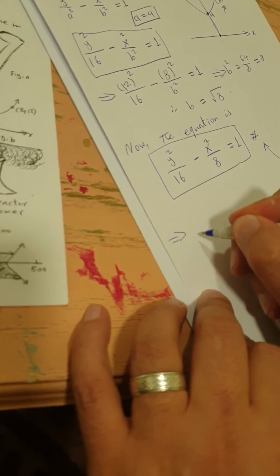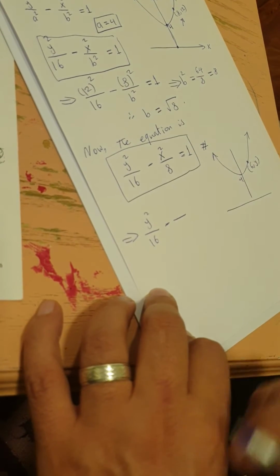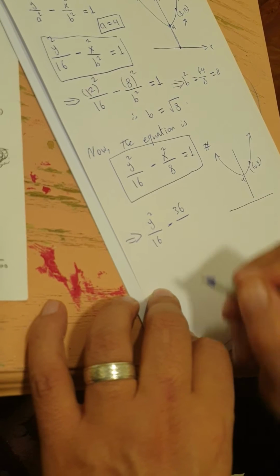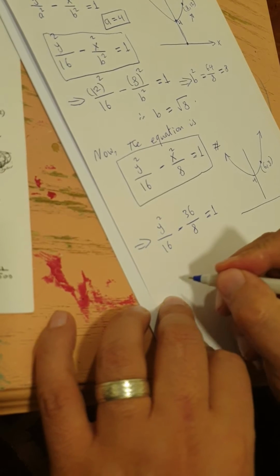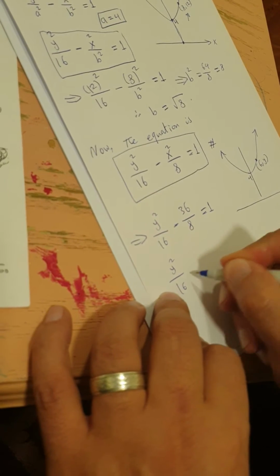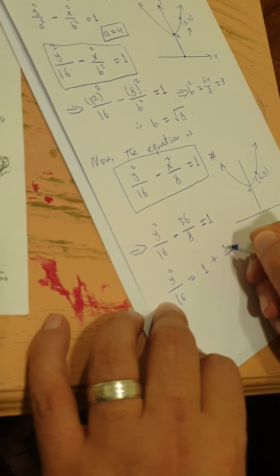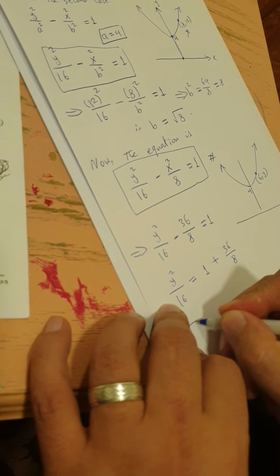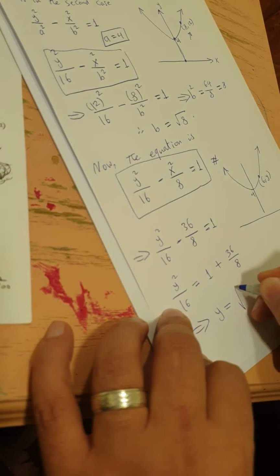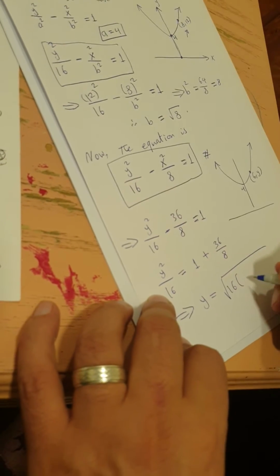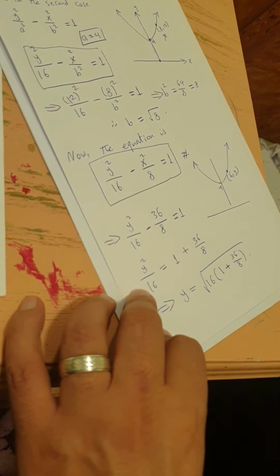So we can put y squared over 16 minus 36 over 8 equals 1, and therefore y squared over 16 equals 1 plus 36 over 8, and this implies that y equals the positive root of 16 times (1 plus 36 over 8), and this can be solved easily.